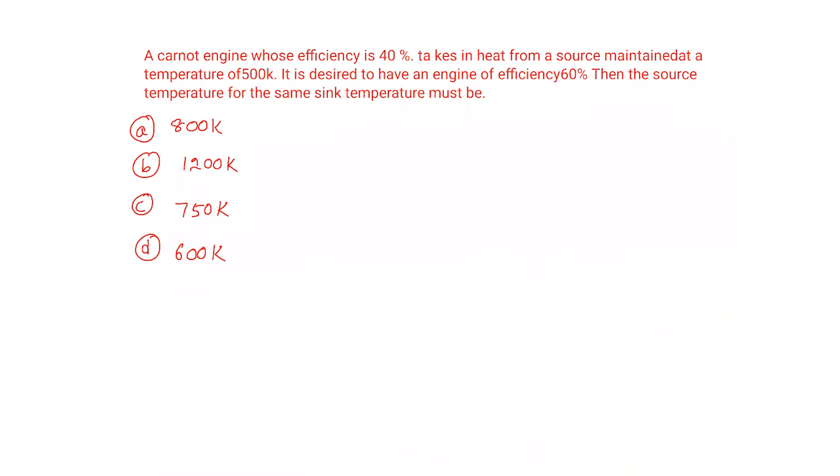Initially efficiency is 40%. To make this efficiency 60% without changing the sink temperature, what should it be? The formula for efficiency of a Carnot engine is 1 minus T2 by T1. Percentage efficiency is 1 minus T2 by T1 into 100. Now do it.